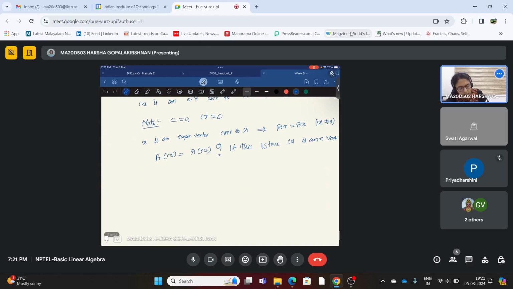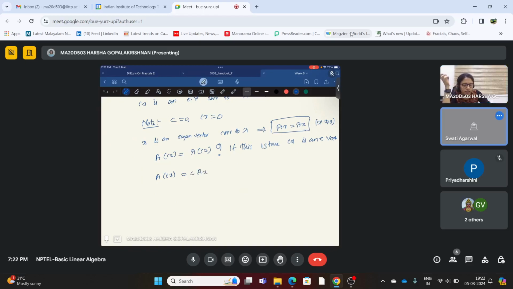Now, what is A times Cx? The only thing we know is Ax equals lambda x, and we need to reach this condition. How can I write A into Cx? We can pull C out: C times Ax, right?